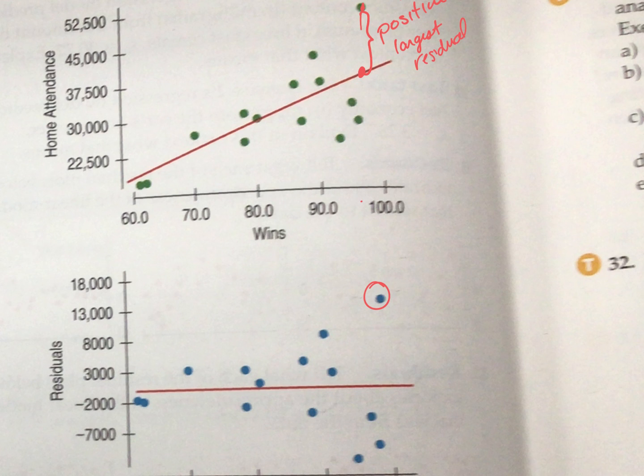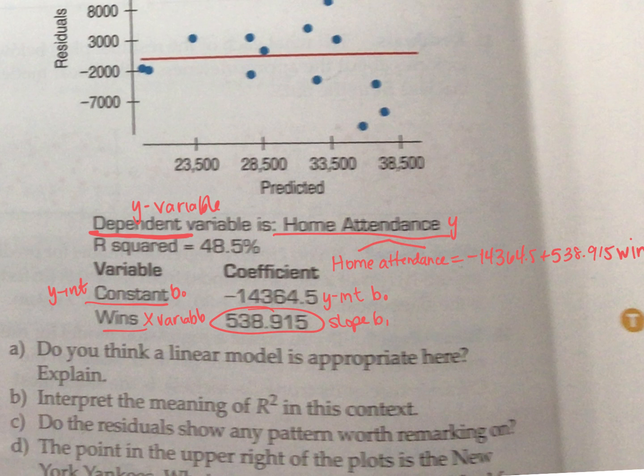And we'll talk about the meaning of r squared in context. But what would the r be if the r squared is 48.5? How can I find that? Do I want to do the square root of 48.5 or do I want to do the square root of 0.485? Okay. I want to do the square root of the decimal form of that r squared.